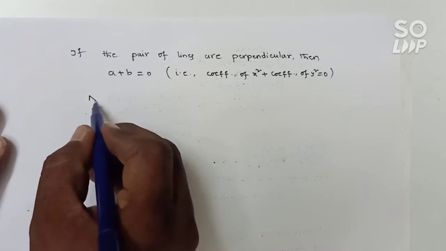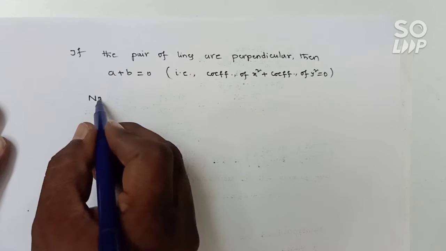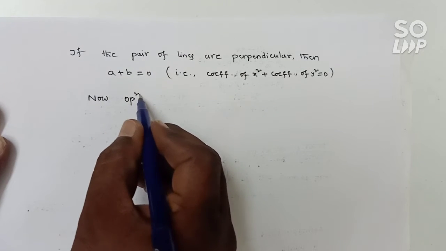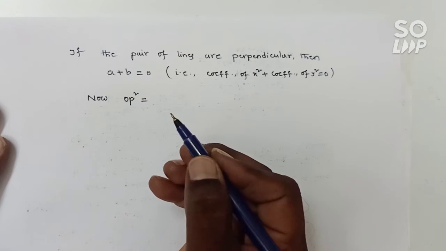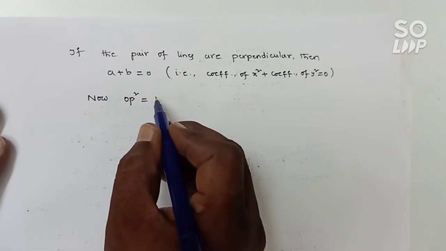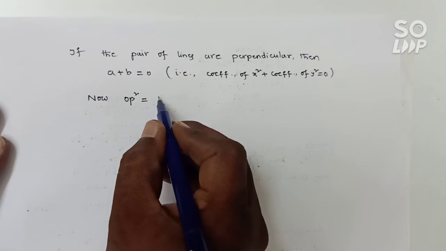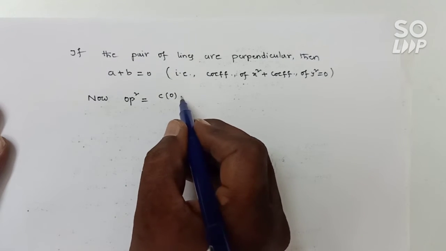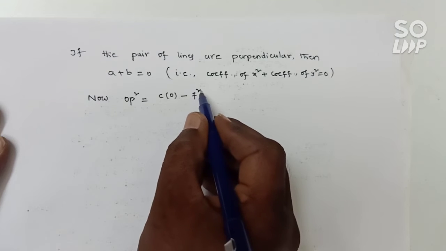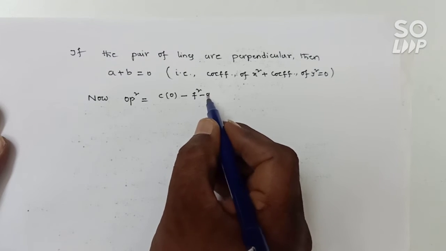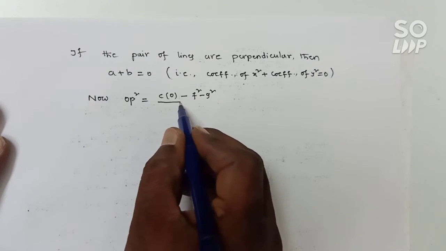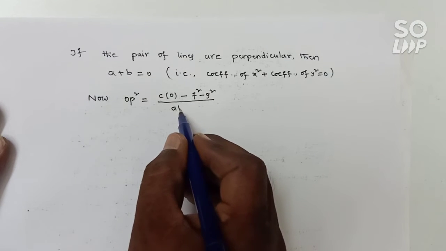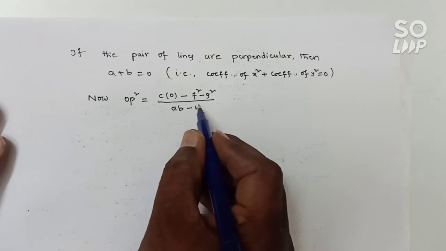Now the square of the distance, OP square, will be equal to, what is that OP square value? C into (A plus B), so C into 0, minus F square minus G square, whole divided by A into B minus H square.